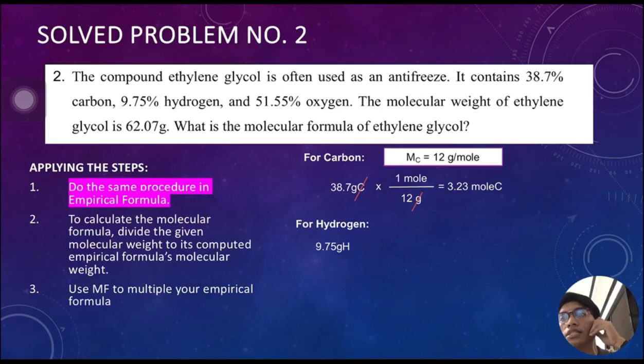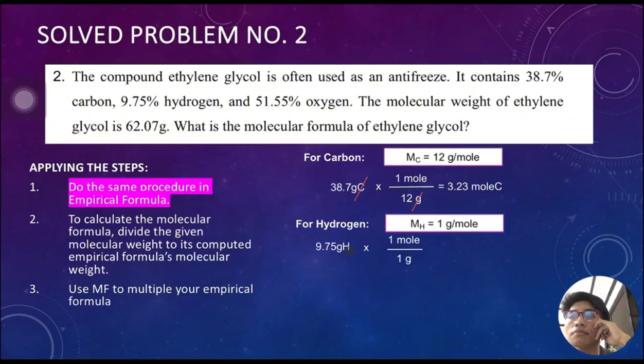For hydrogen, we have 9.75 grams of hydrogen, percent to grams. Times 1 mole of hydrogen is 1 gram. Actually, that is also 1.008, but we chose to round off all the molecular masses of the elements into whole numbers.